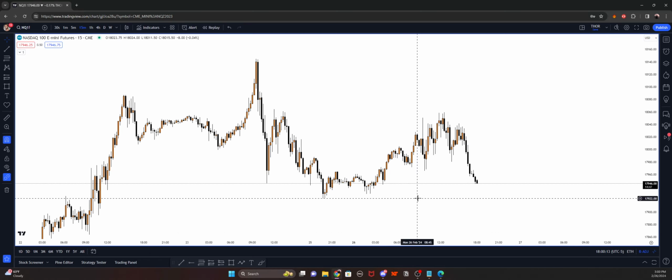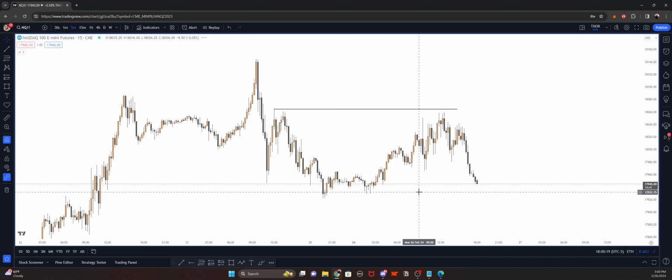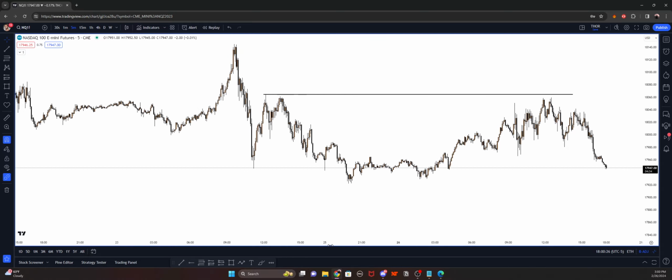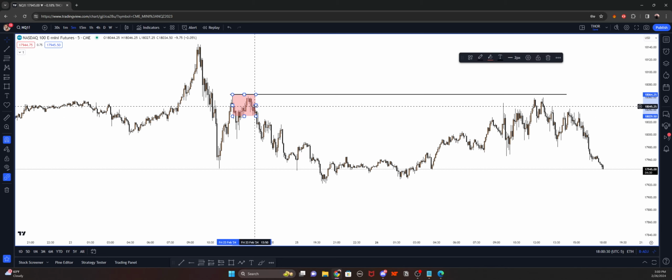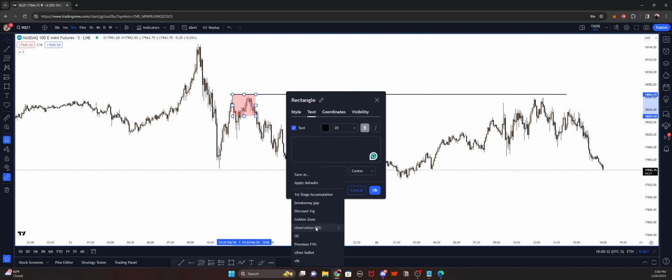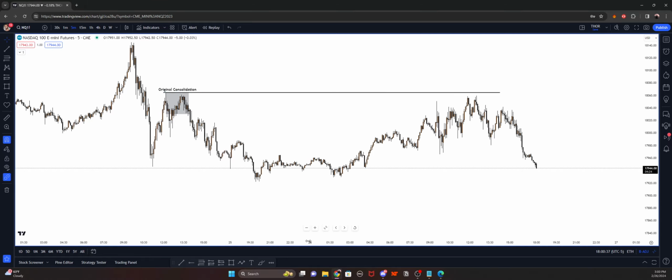So as you might know, I anticipated a high resistance liquidity run about this high here, and that high is because it is essentially a consolidation. Okay, here, I'll annotate that as an original consolidation, because that was the thought process behind the anticipation.